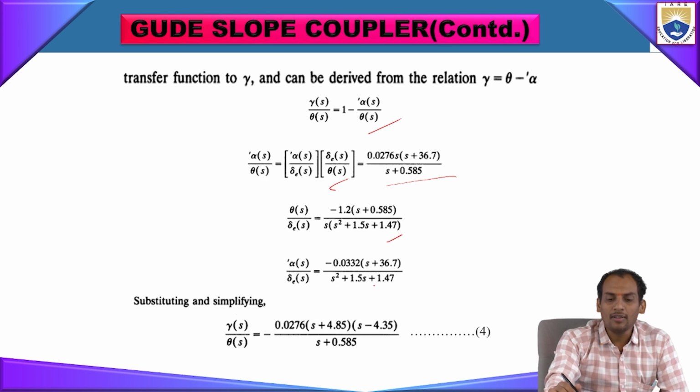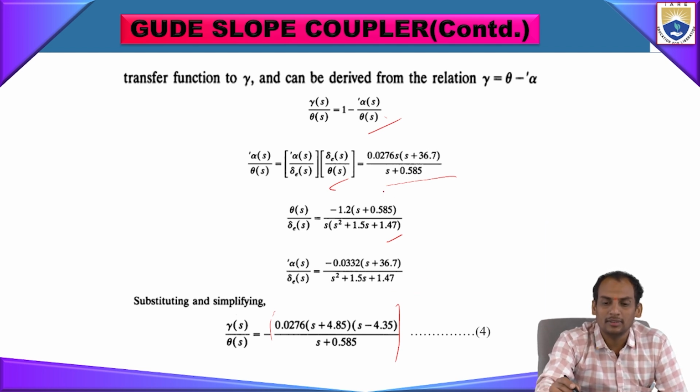So after simplifying and substituting these alpha of s and theta of s values in this gamma of s by theta of s value, we got the ultimate value like 0.276 into s plus 4.85 into s minus 4.35 by s plus 0.535.